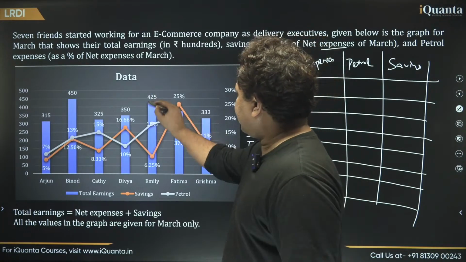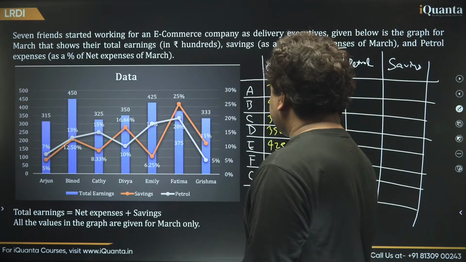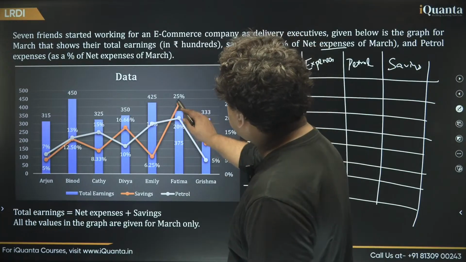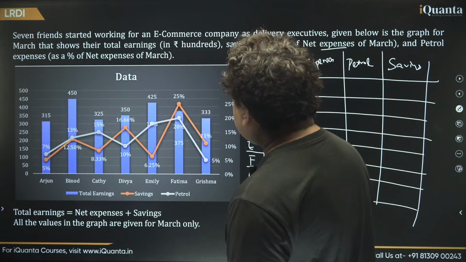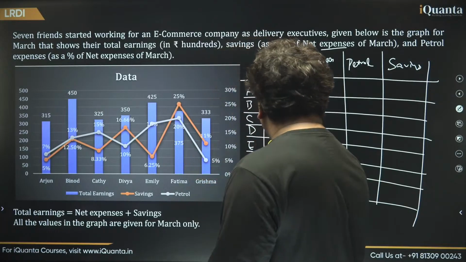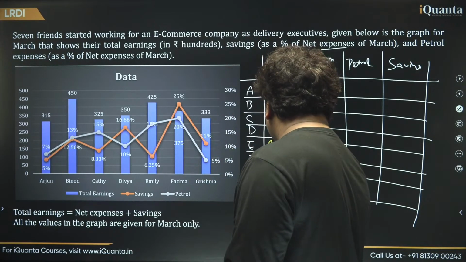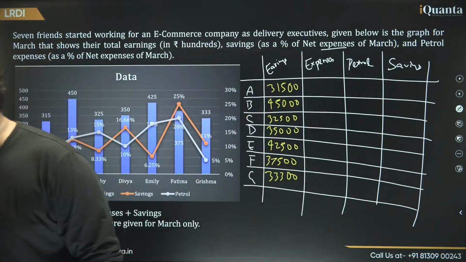Is that clear? Then we have 425 for Emily, 2 zeros after that. What is this? It's not given to us. Okay, here it is written, 375. Fatima 37500. Then Grishma is 33300.